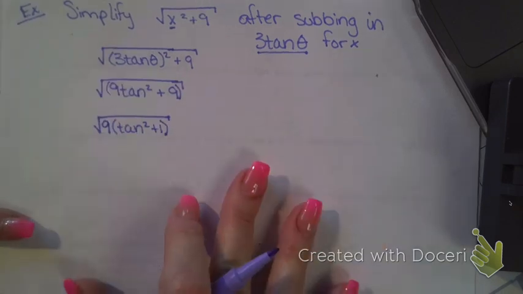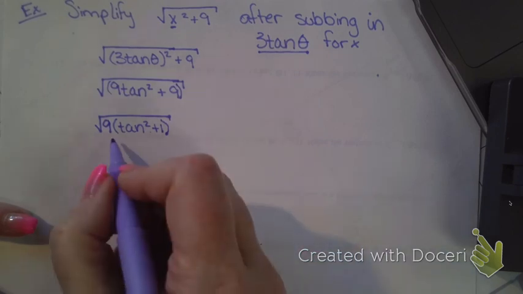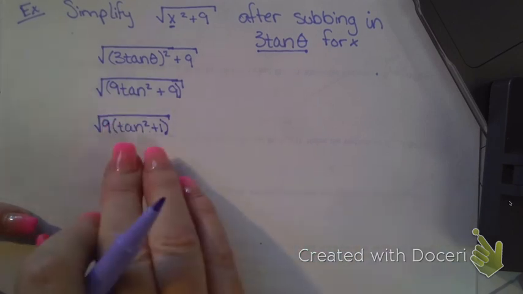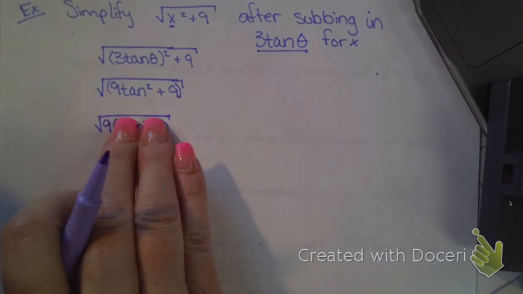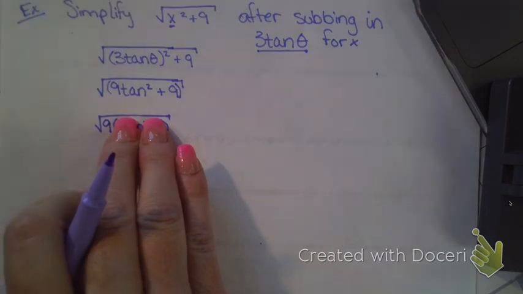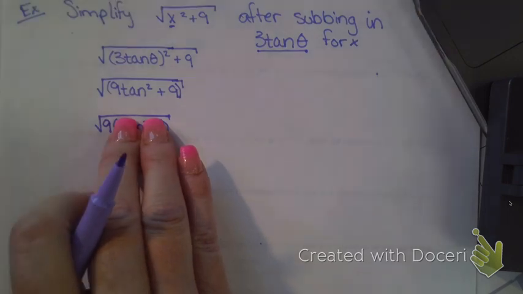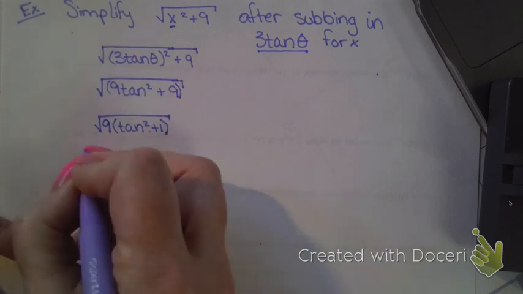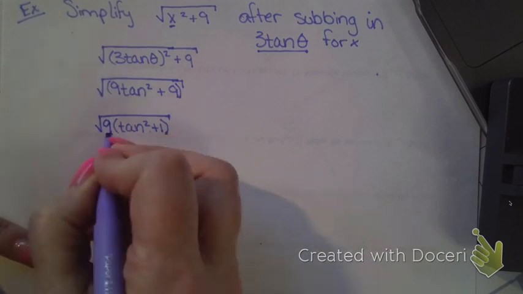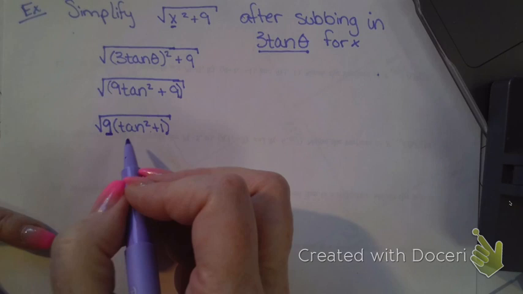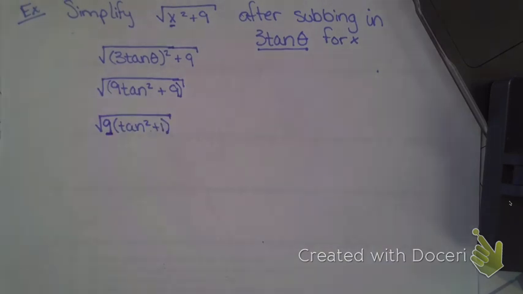Okay. So now I have 9 times this quantity. Now can I take the square root of 9? Yes, because it's now multiplication. So the square root of 9 is 3. So we're going to be good there. But your spidey senses should be going nuts right now.